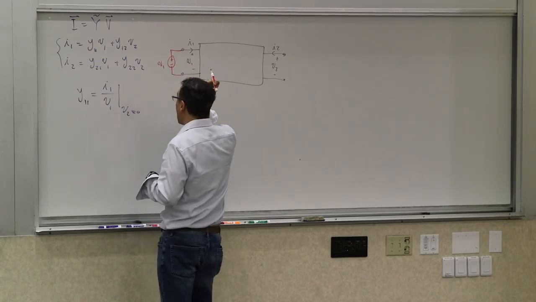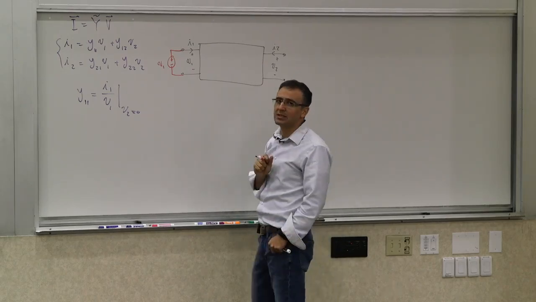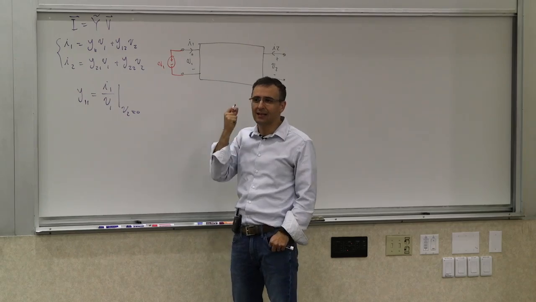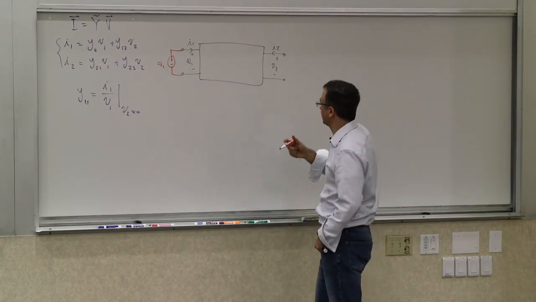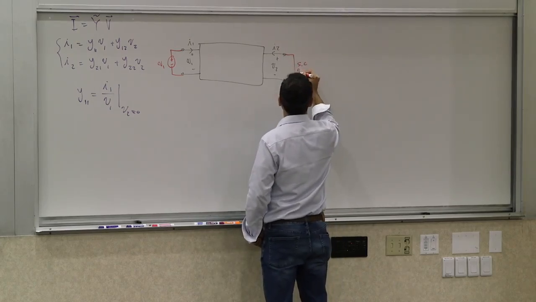And then we are measuring I1. But what do we do to the other port? We say V2 is 0. What's the element that identically produces 0 voltage? It's a short circuit, right? So if you have a short circuit here, it forces V2 to be 0.